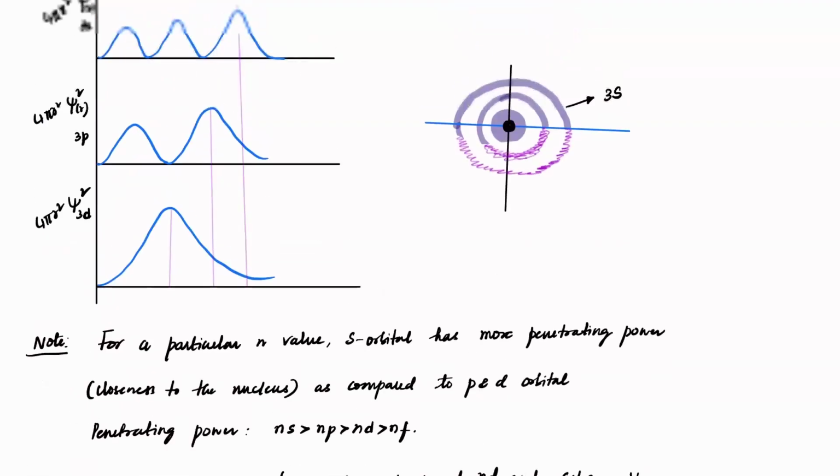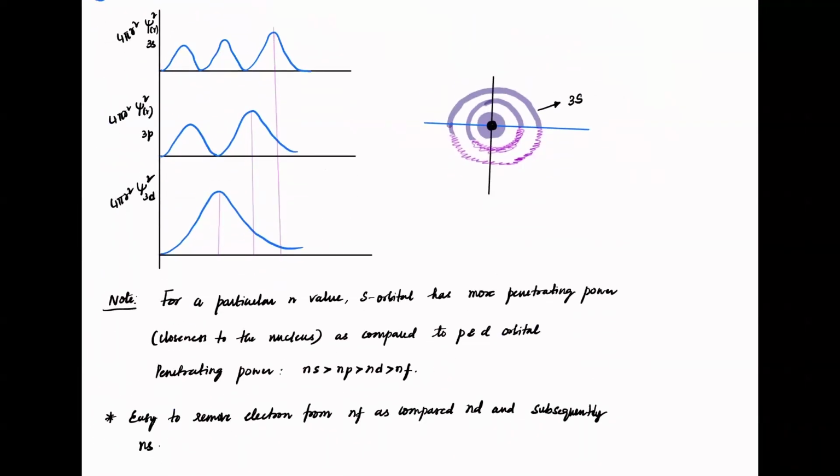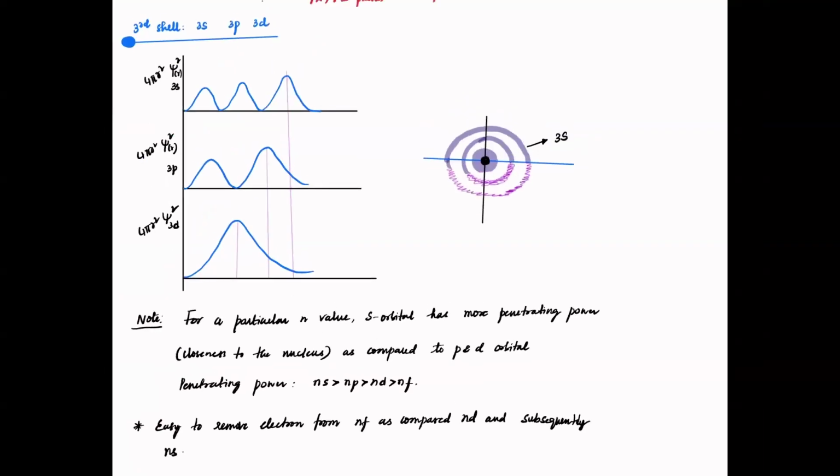Removing an electron from ns will be challenging, but removing an electron from nd or nf is easy, because most of its electron density is away from the nucleus, while ns electrons will be more close towards the nucleus. So very important concept.